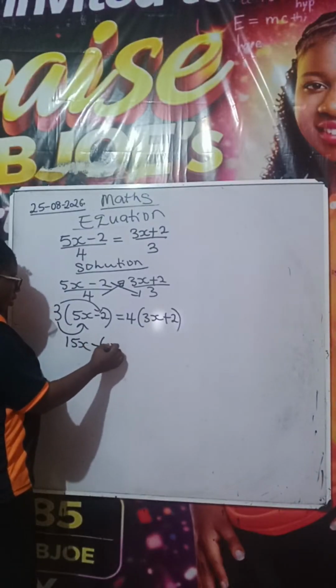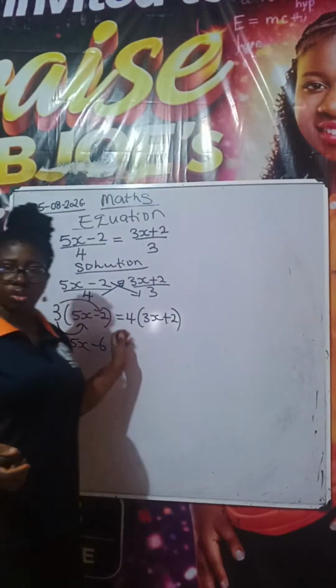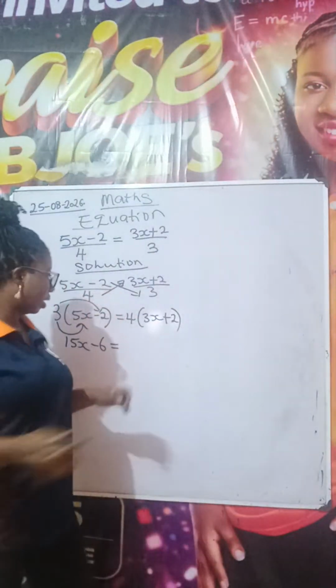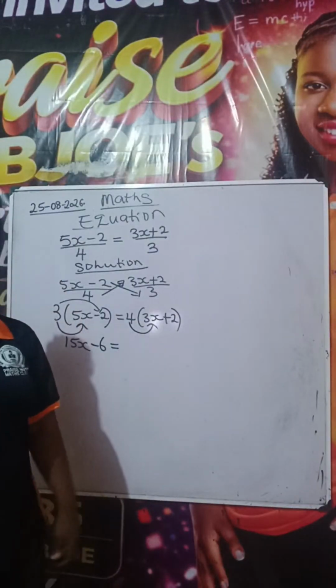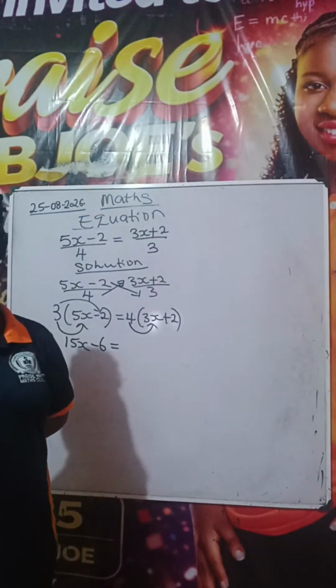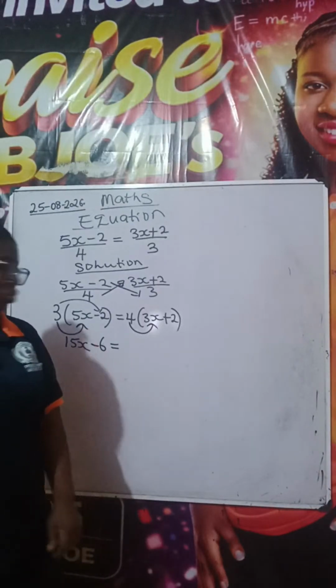All right, equals to, now this 4, I'll use this 4 to do what? Open the bracket, and that will be 4 times 3x. 4 times 3x, what do we have? Yeah, so we have 12, correct.